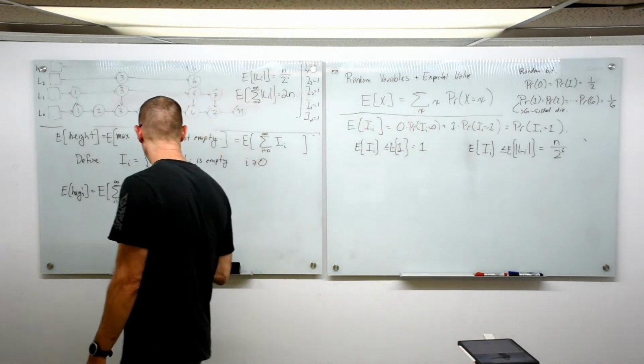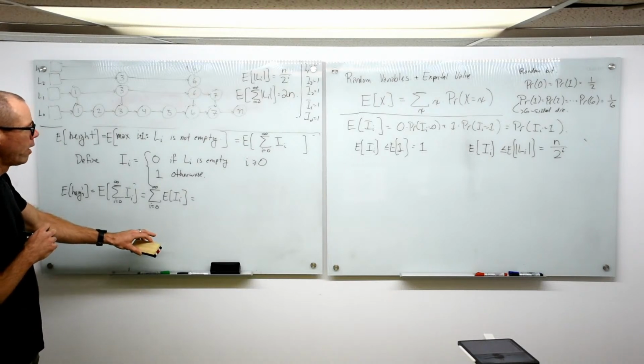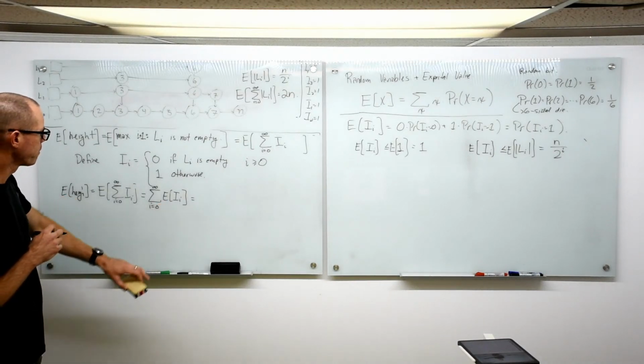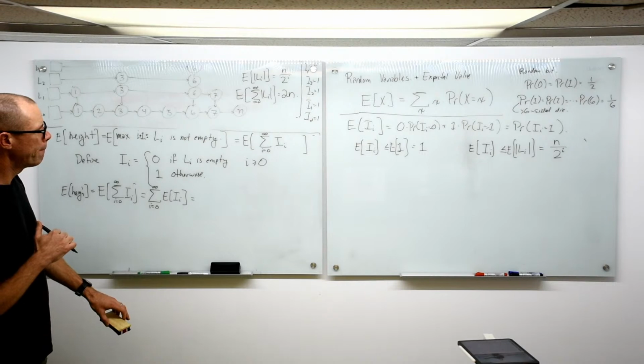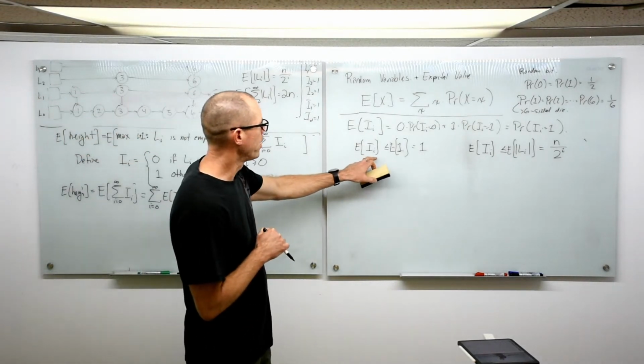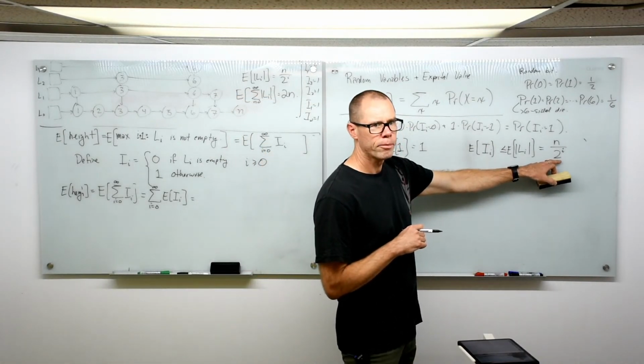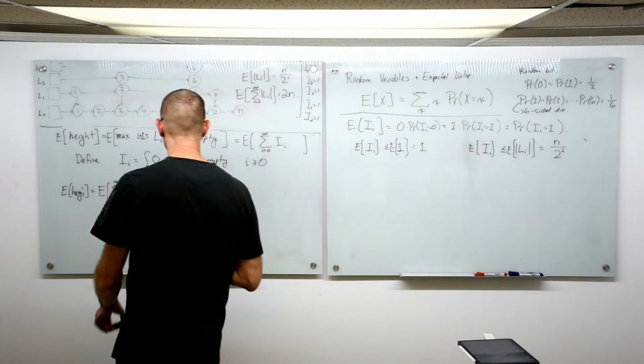Okay. And so now we can finish. We have two bounds on the expected value of I_i. It's not bigger than 1, and it's not bigger than n over 2 to the i. So let's take this sum.